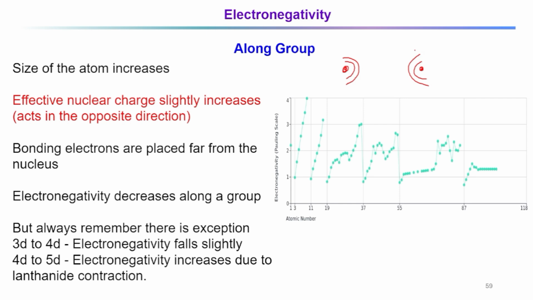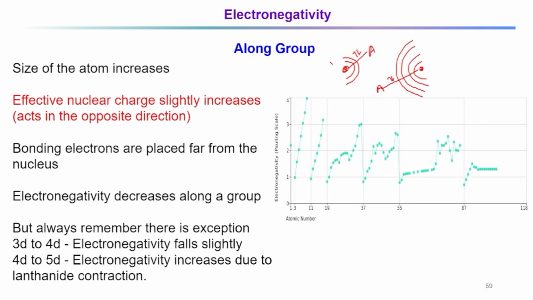Now as you are going from top to bottom, the size of the atom increases, the number of orbits also increases. Now if you make a bond between another atom A and here another atom A, these bonded electrons are actually much further in this case, whereas these bonded electrons will be much closer to this atom.